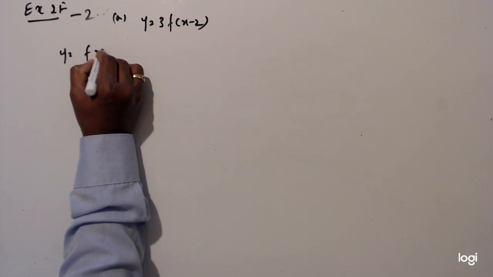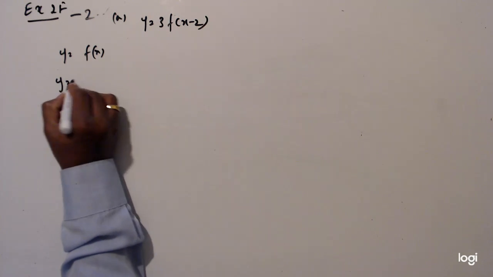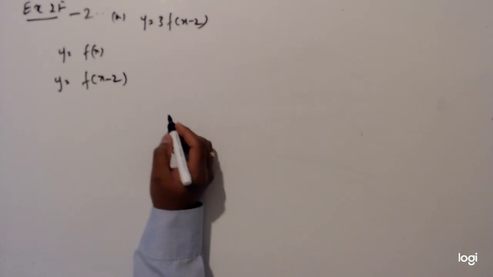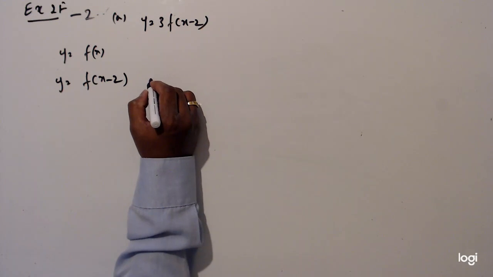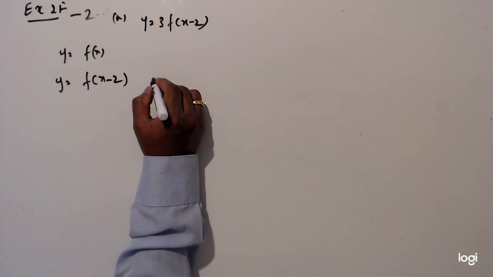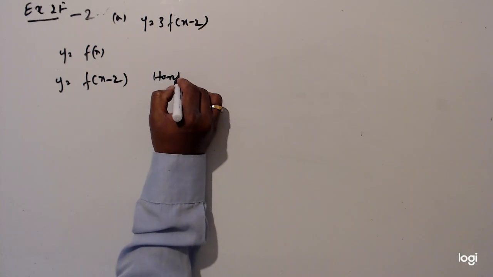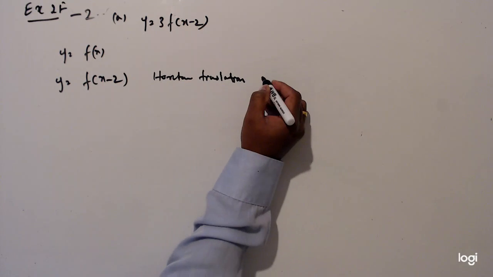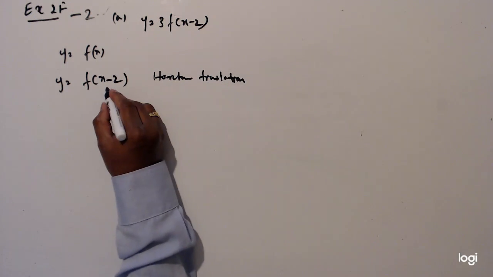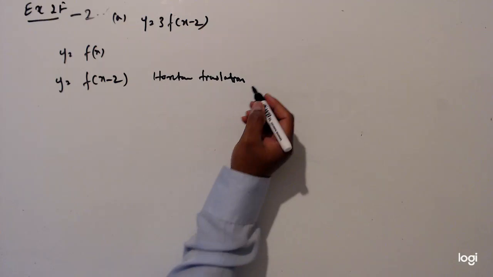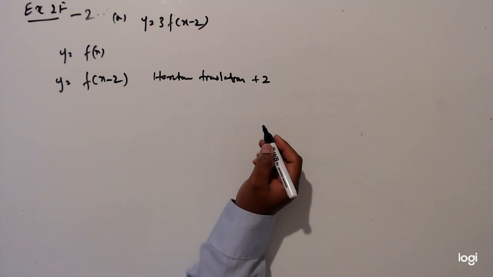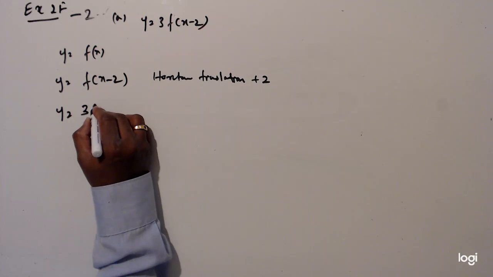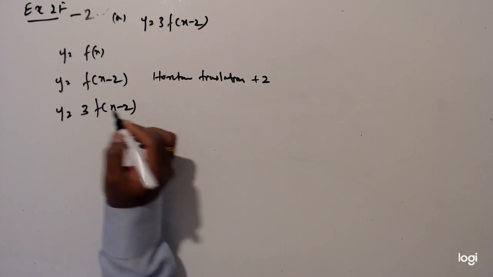Y equals f(x), then y equals f(x) minus 2, that is the next step. So this is a horizontal translation. Minus 2 means we have to move 2 to the right, and then 3 times f(x minus 2).